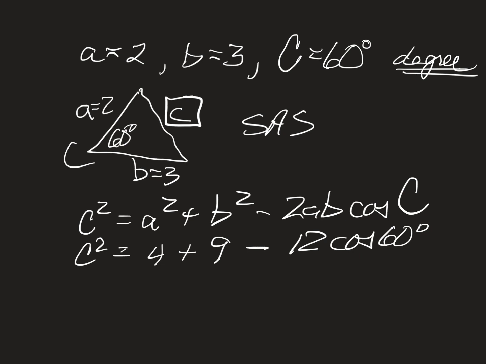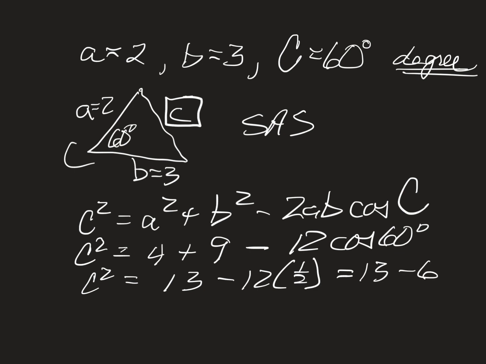Now, cosine of 60 is a special angle, that's 1/2, so I can do that without a calculator. I then get C squared equals 13 minus 12 times 1/2, and since that's 13 minus 6, that's equal to 7.